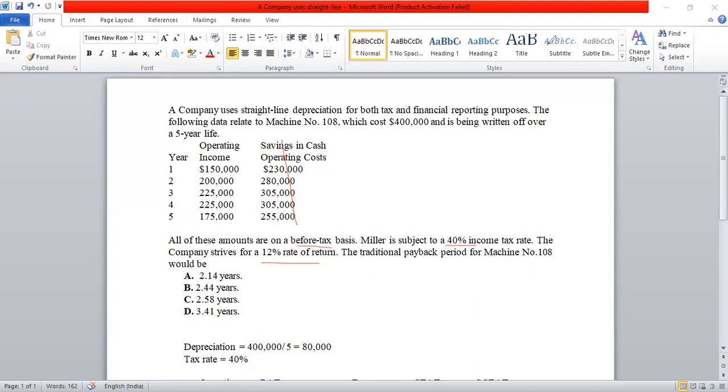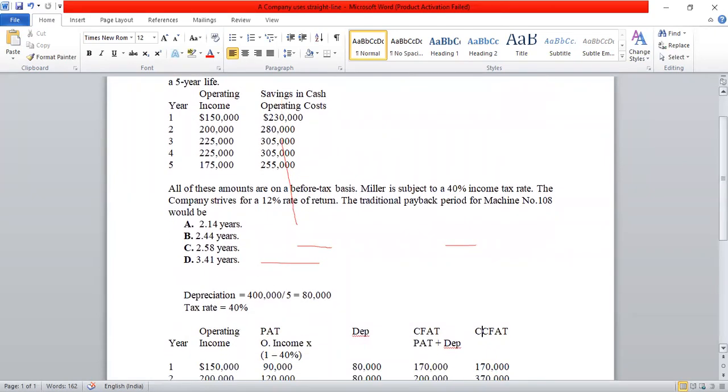So step number 1, what do we do? We first have to calculate the depreciation amount. Since the depreciation is on a straight line basis spread over a period of 5 years, depreciation is calculated as 400,000 divided by 5, which is equal to 80,000. Done. So let's start writing the details.